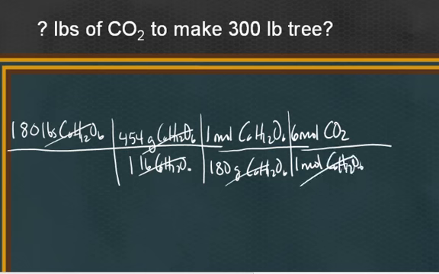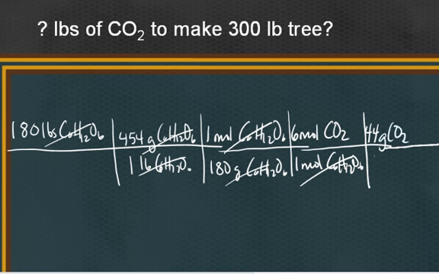Now we've used our balanced chemical equation to convert from one species to another. Now we want to go back to grams of carbon dioxide, so we'll use our molar mass of carbon dioxide, 44 grams per 1 mole of carbon dioxide. All right, now we're in units of grams. The mole unit cancels, and then I'm out of space for the last conversion.